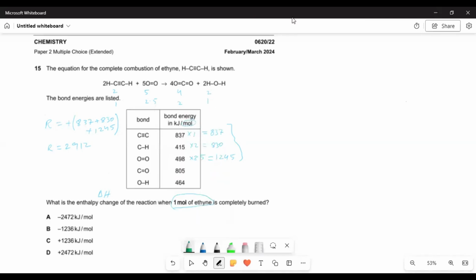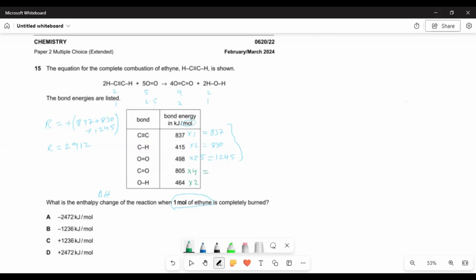Now see for the product. So for the product, there would be 2 moles of carbon dioxide and 1 mole of water. So for 2 mole of carbon dioxide, there would be 4 moles of such bonds. So it would be multiplied by 4. And for 1 mole of water, there would be 2 moles of oxygen and hydrogen. So oxygen hydrogen bonds are 2 moles. So multiplied by 2. And see what should it be?